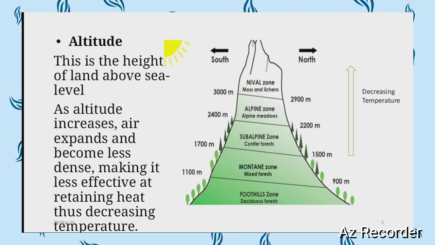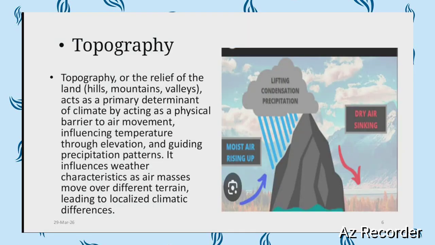So it shows an increase in altitude, but as altitude increases, there is a decrease in temperature. Now as altitude increases, air expands and becomes less dense, making it less effective at retaining heat, thus reducing temperature.